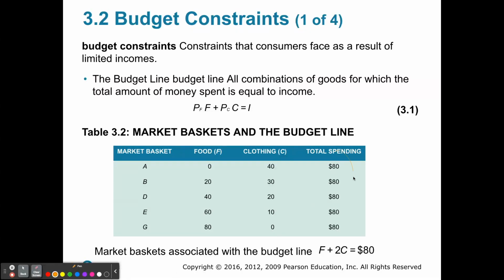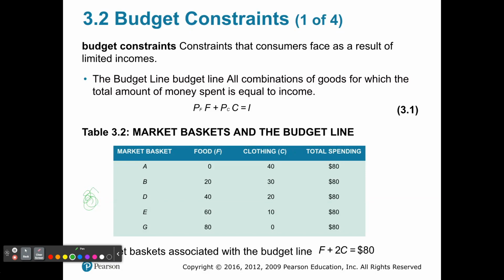So along the budget constraint, sorry, I'm going to change the thickness of the line here. I was trying to change the thickness of the pen, but I don't have that option, it looks like.